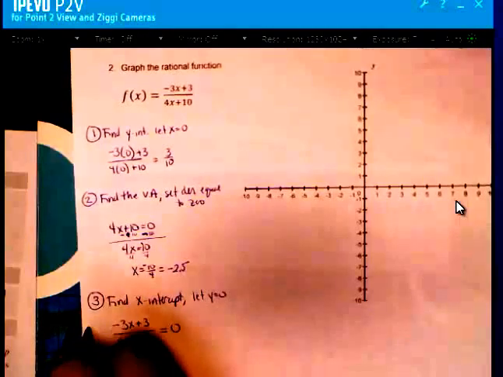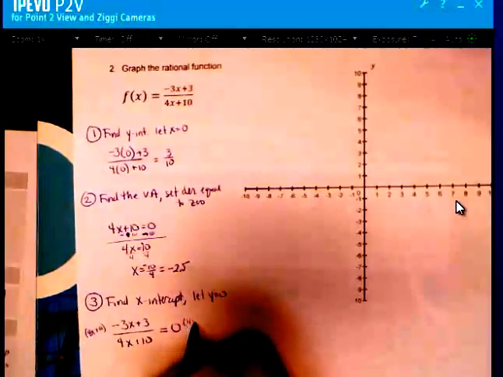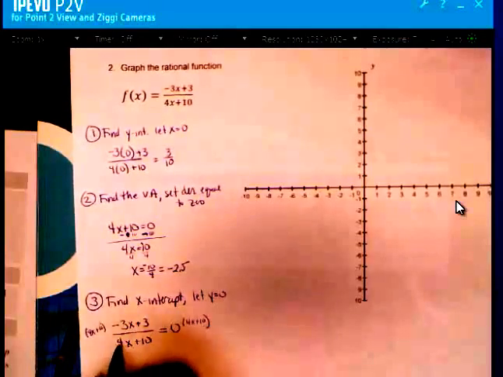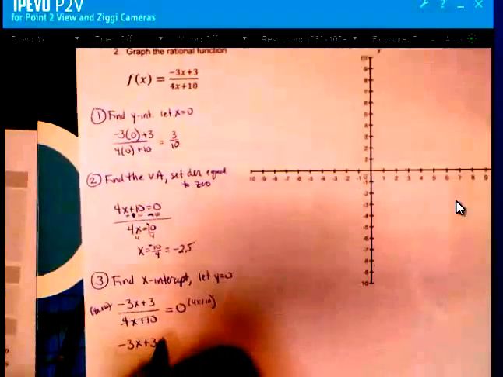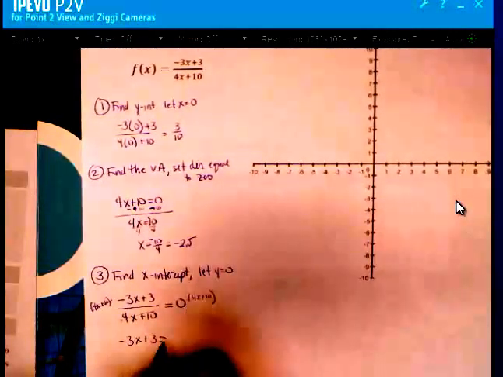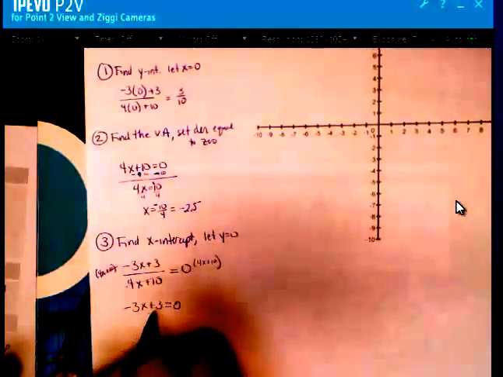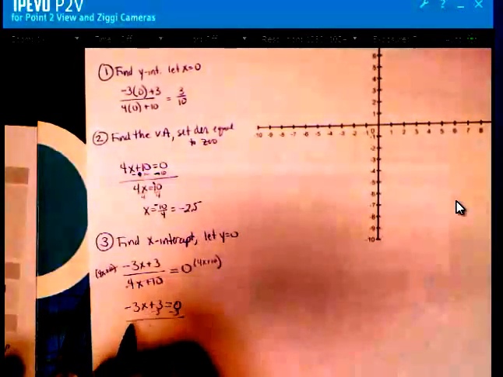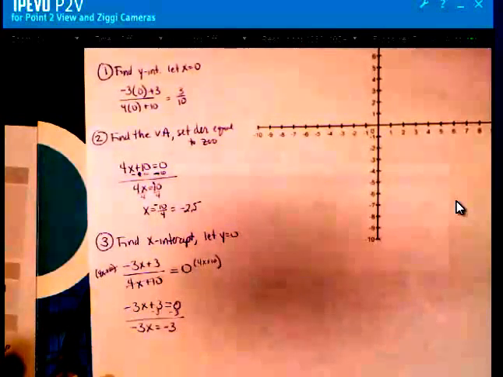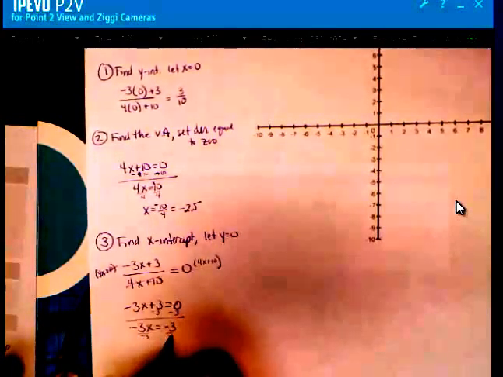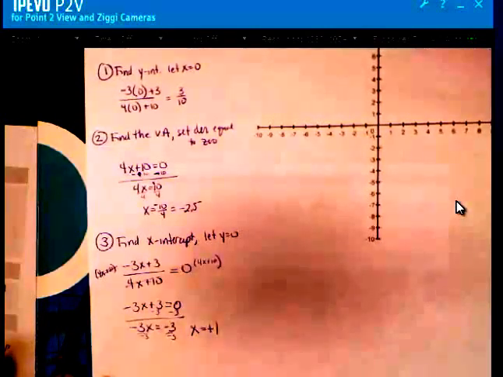To solve this equation, we multiply both sides by 4x plus 10, leaving us with -3x plus 3 equal to 0, since 0 times any expression is still going to be 0. From here we want to solve for x. So I'm going to subtract 3 from both sides. We get -3x equals -3. And then dividing both sides by -3 gives me that x equals 1.